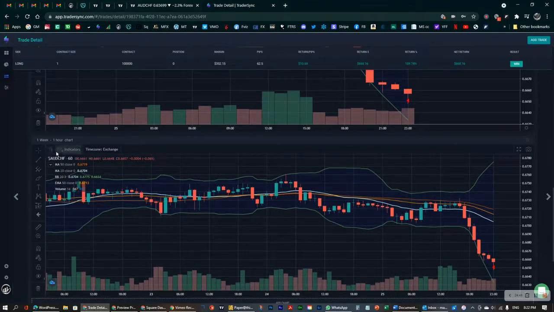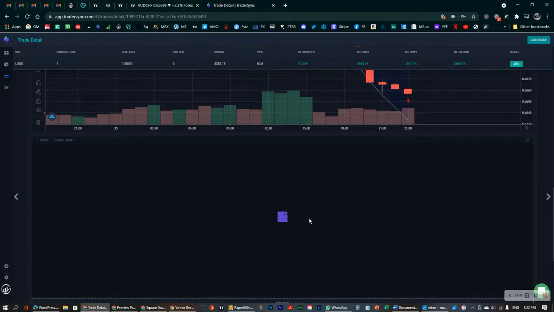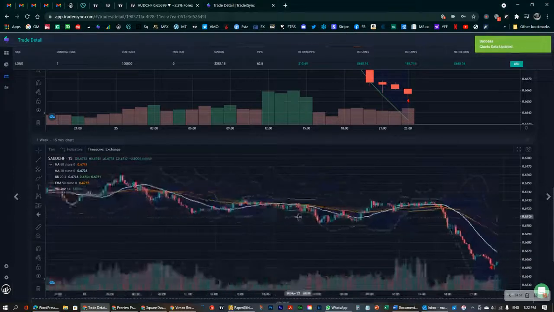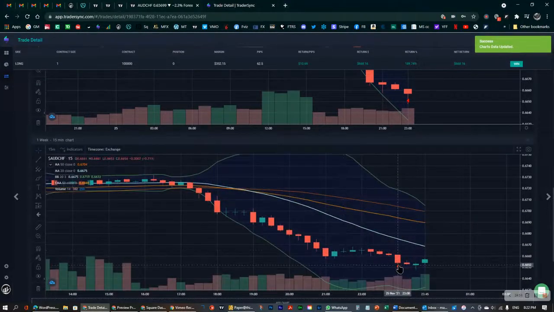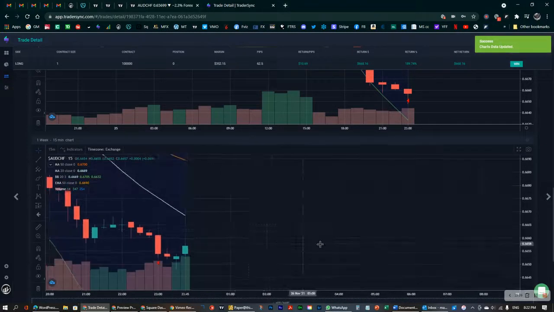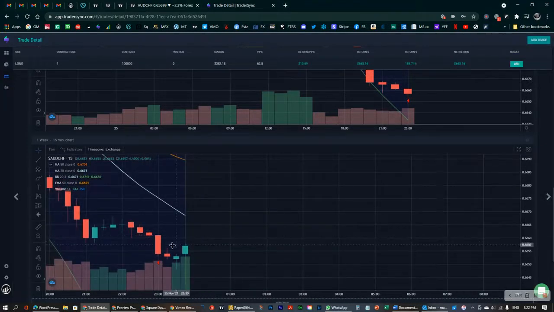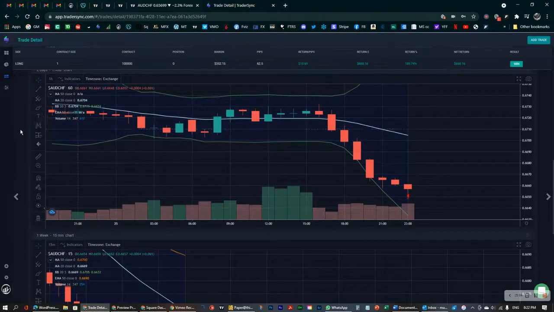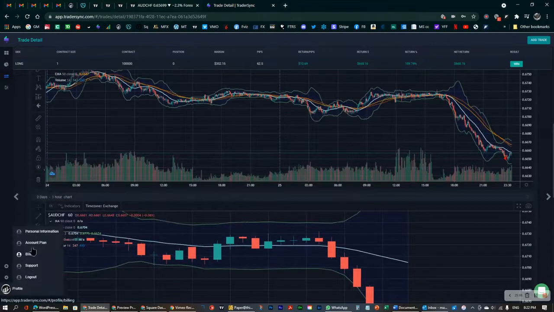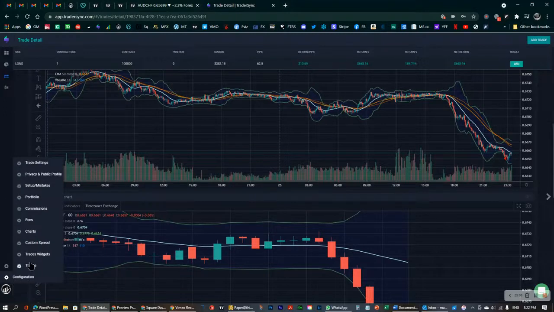Anyway, 15 minutes. Anyway, shows our short. The 26th, it went lower and lower and lower. I wonder if it's something in here. Trade settings.